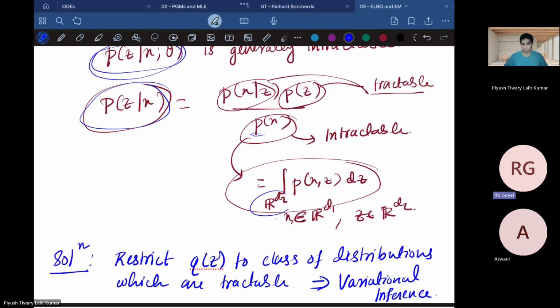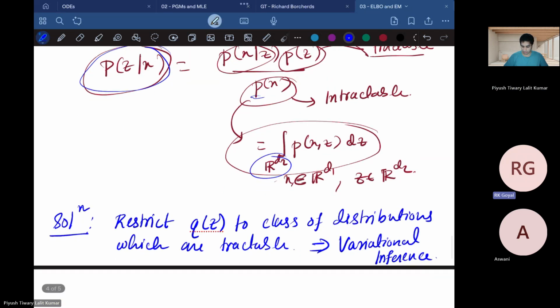So probably you would be explaining this in the next lecture, by discussing variational inference. Yes, we will see how variational inference helps us in alleviating this problem. We will keep working with the ELBO only.